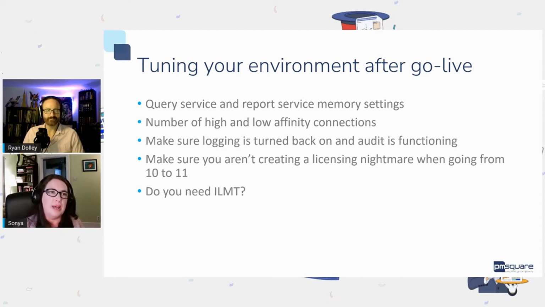There are things that are set at the server, like the app server level: your auditing and your logging, your query service memory settings, number of high and low affinity connections. If those were set at a server level, right on the properties of the server, they don't pull in when you pull the content store in, because that's not where they're stored.